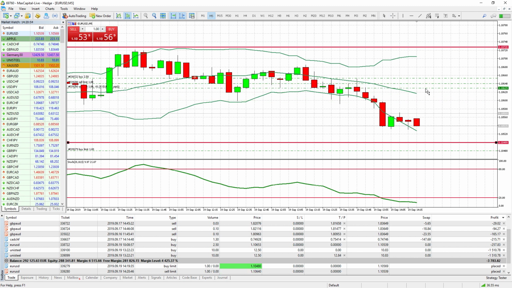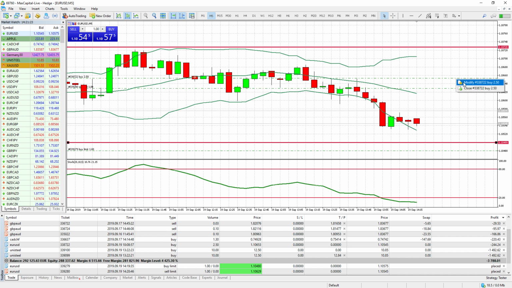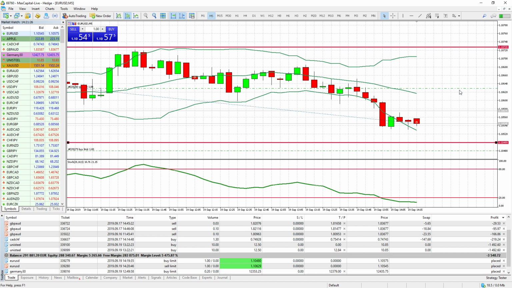You see it is not allowing us, because the difference has to be at least that kind of level. So what we are expecting here is that when the price reaches the level of 1.10629, I will have an automatically opened position for down. I'm going to sell.